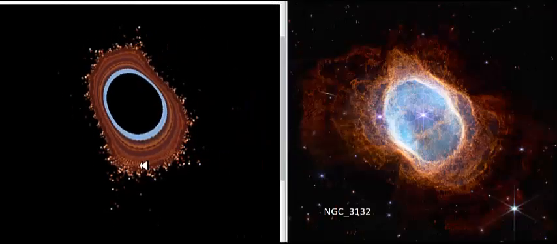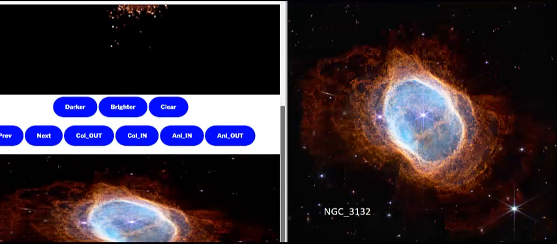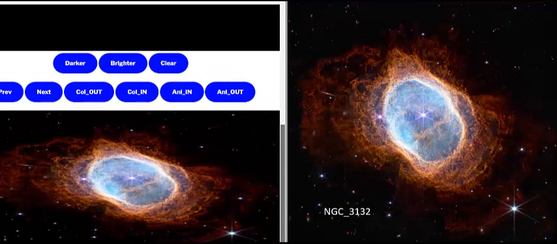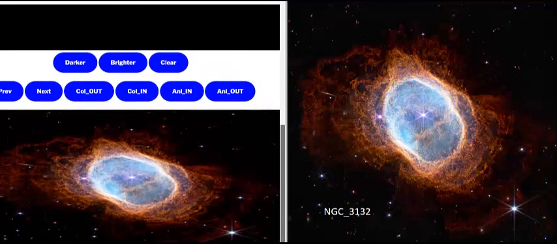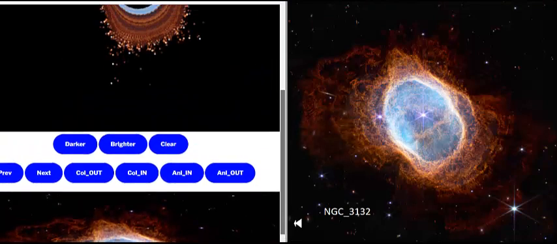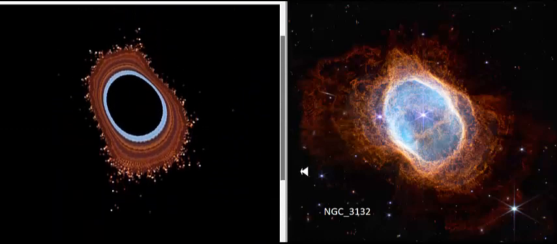So on the left here we have an OHM that I actually picked from our collection. This is one of the OHM from the collection, and I recolorized it to match the colors of NGC 3132, at least the near-infrared coloring that they chose when they rendered this image. You can see down here, I was able to load this picture into my OHM generator and colorize it with these colors.